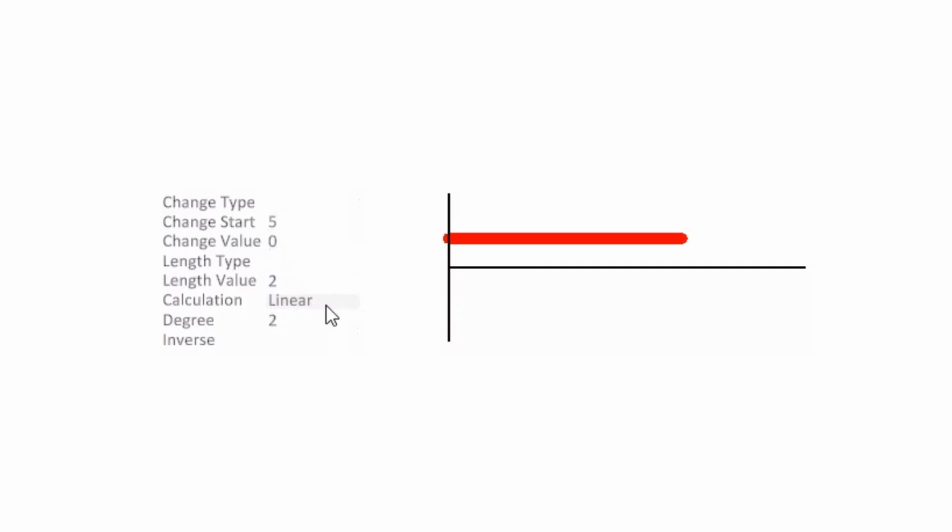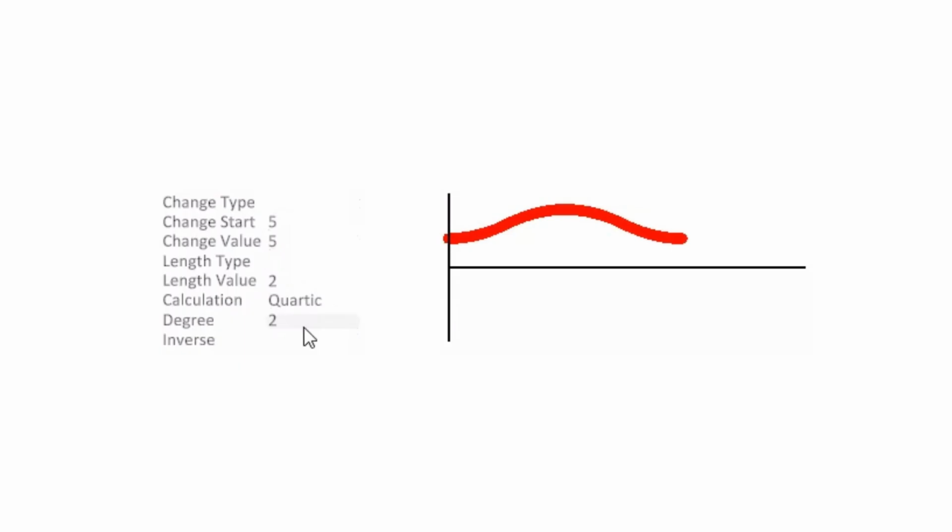A linear output will create a straight line. A squared output will create a curved line. A cubed function will create an S-shaped line, and a quartic output will create a U-shaped line.